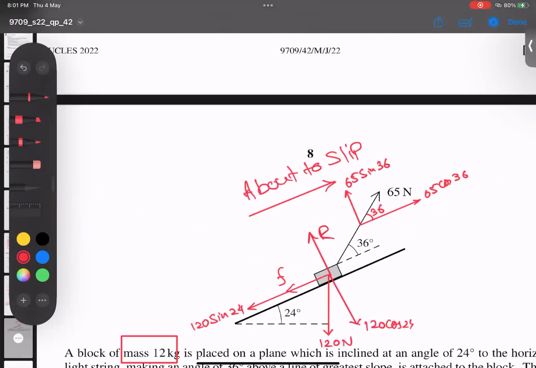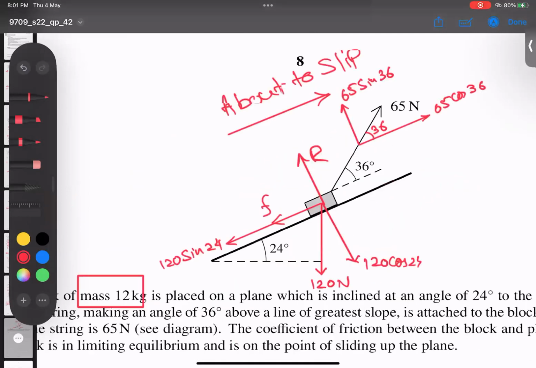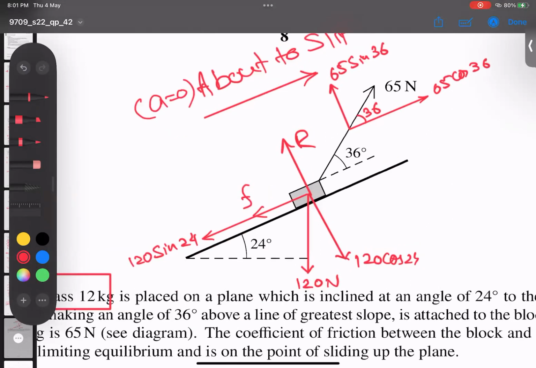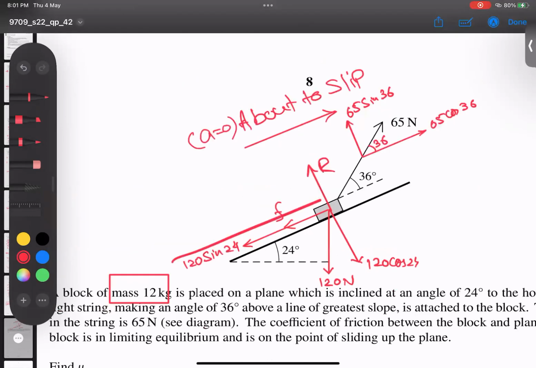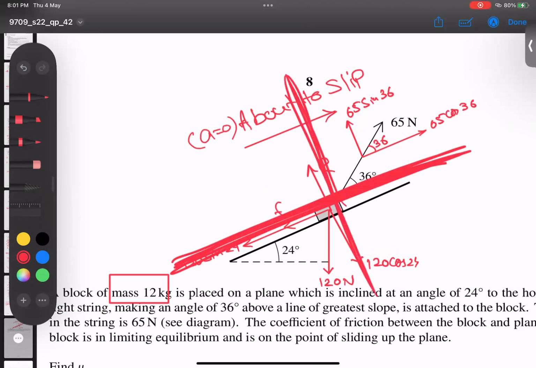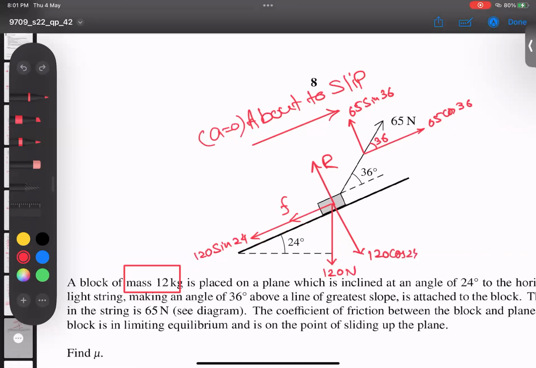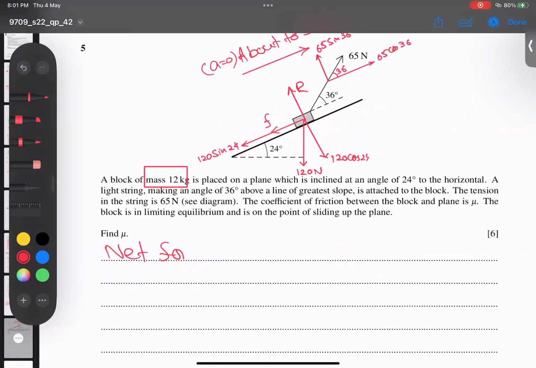And now we can resolve the forces. The system is about to move, about to slip, meaning acceleration is confirmed 0. We have two options: resolving forces parallel to the surface and perpendicular to the surface. What formula will I use? Net force equals MA.